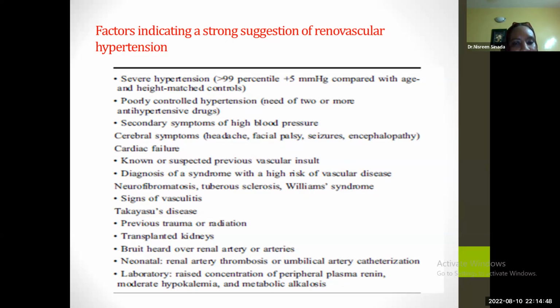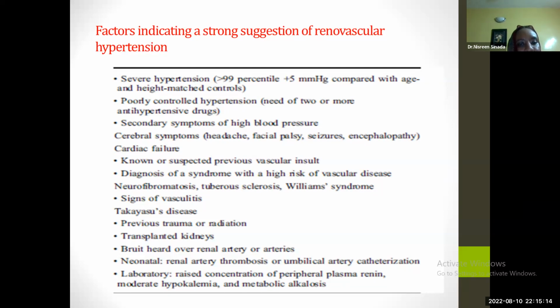Patients with syndromes that carry high risk of vascular disease, like neurofibromatosis, tuberous sclerosis, Williams syndrome, and signs of vasculitis. And don't forget previous trauma or radiation, a patient with a transplanted kidney, a bruit over the renal arteries, or in the neonatal period, renal artery thrombosis or umbilical artery catheterization.